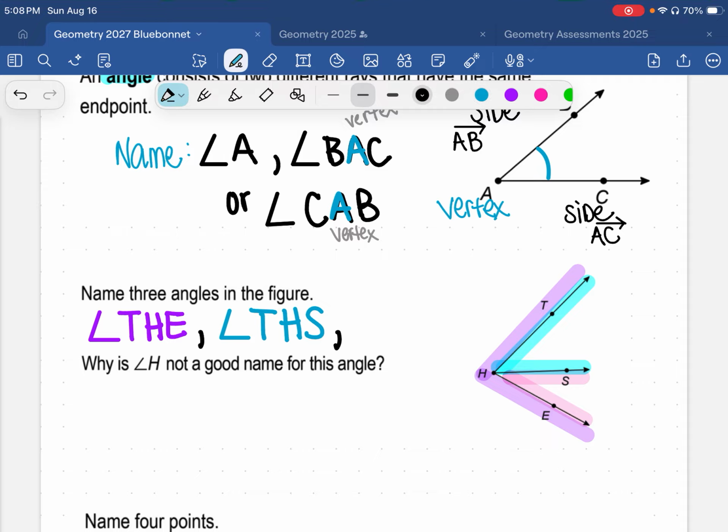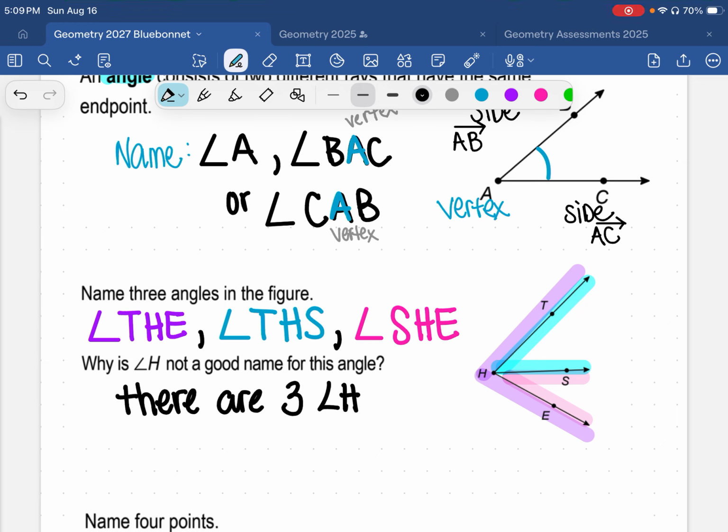And finally, for the pink one, I could name it angle SHE or EHS. Why is angle H not a good name for this angle? Well, angle H is not a good name because there are 3 different angle H's in the picture. There are 3 angle H's.